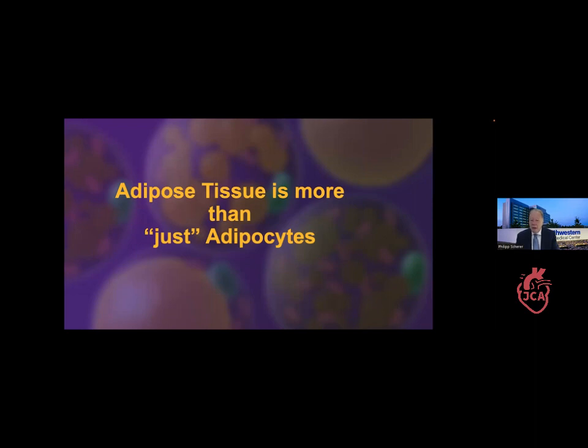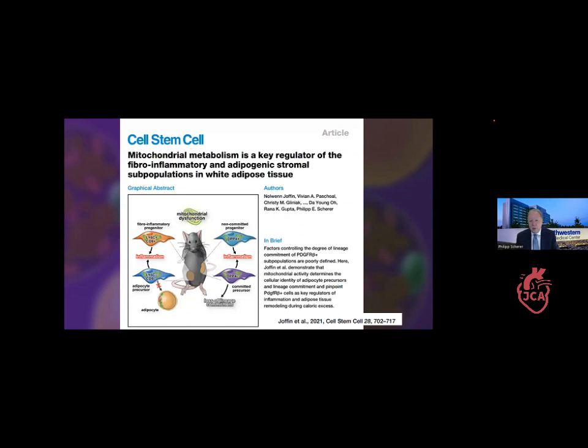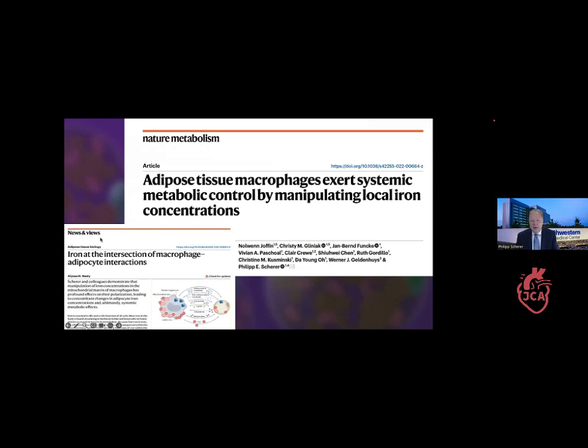But then we also know that fat tissue is actually far more than just fat cells, which we have to bear in mind. We mentioned these pre-adipocytes, of course, that are very important. We have ways by which we can manipulate these pre-adipocytes metabolically in relatively simple ways. And we appreciate that this is associated with dramatic changes in the overall health of fat tissue as well. We also know that the fat tissue is a reservoir for a large number of immune cells.